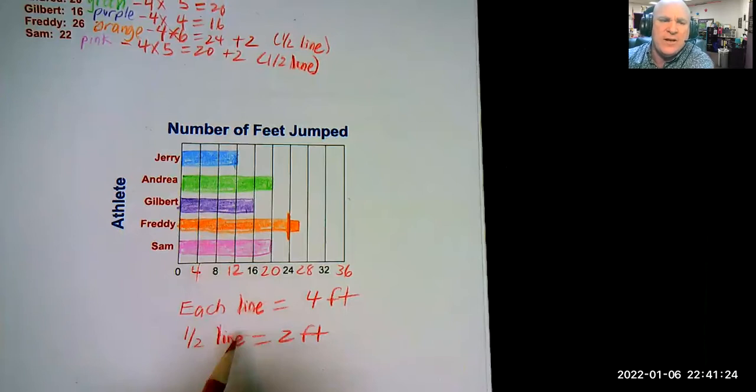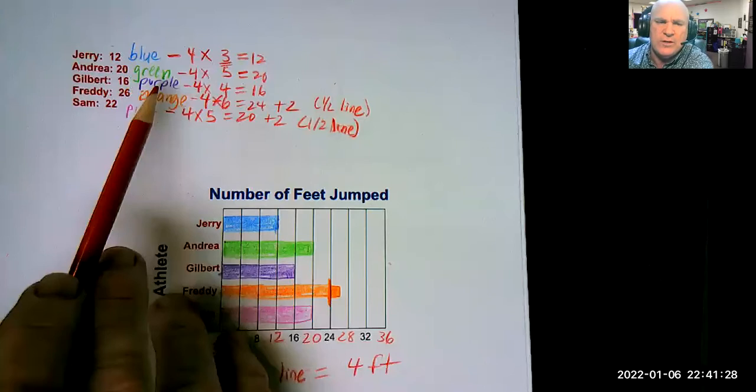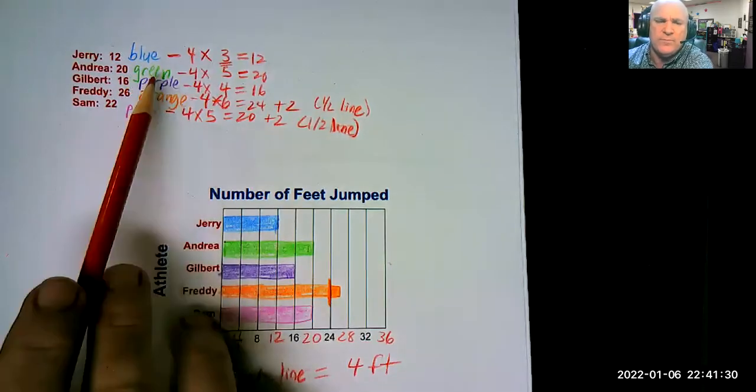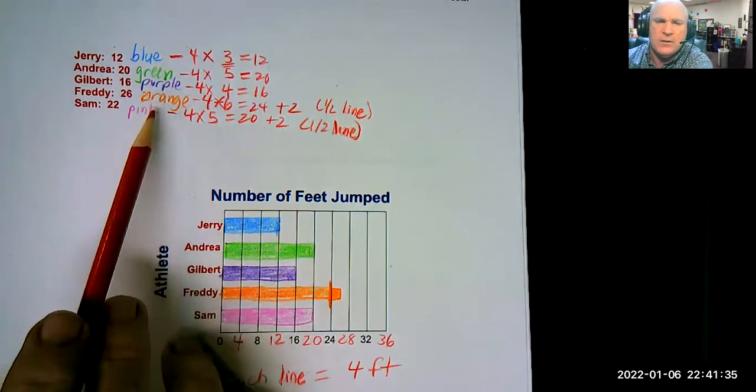So I've assigned Jerry blue, Andrea green, Gilbert purple, Freddie orange, and Sam pink. All right.